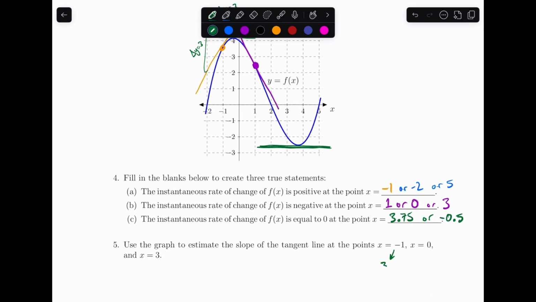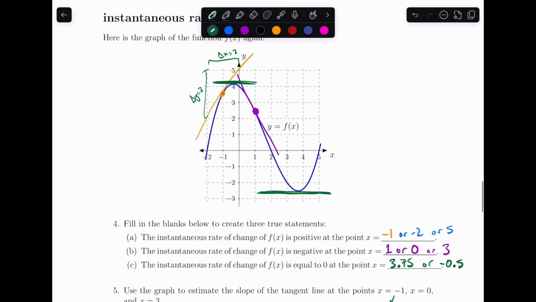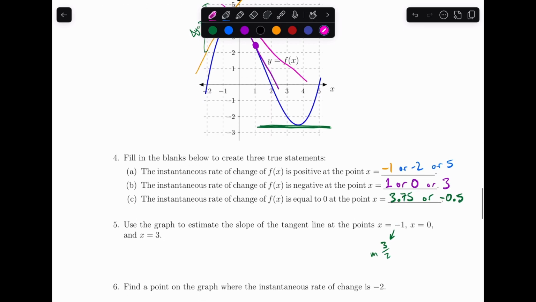Positive 3 halves is the slope there. x equals 0. This is going to get a little busy, apologies. Something like that. And if we want to estimate that as being pretty close to a slope of -1, that looks good to me.